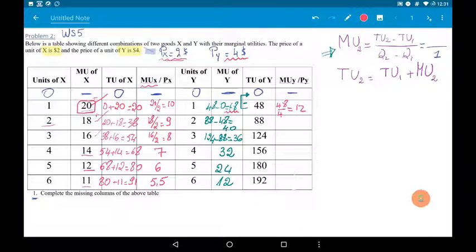Next, 40 over 4, which is 10. 36 over 4 equals 9. 32 over 4 equals 8. 24 over 4 equals 6. 12 over 4 equals 3. That's it for question 1.